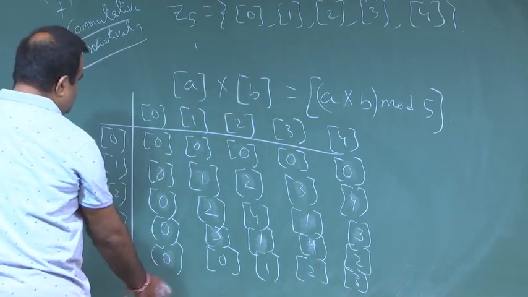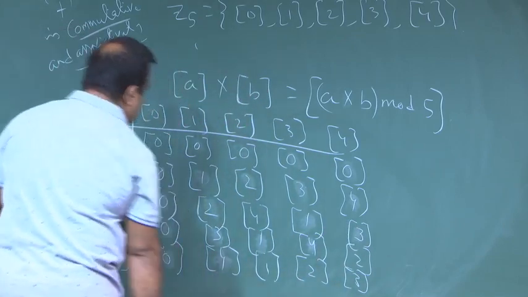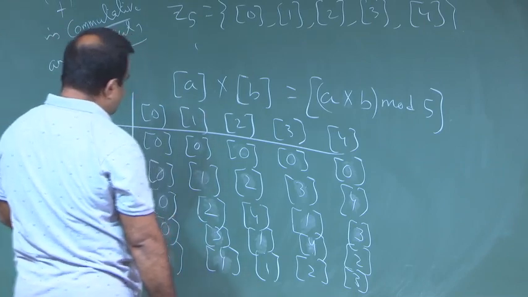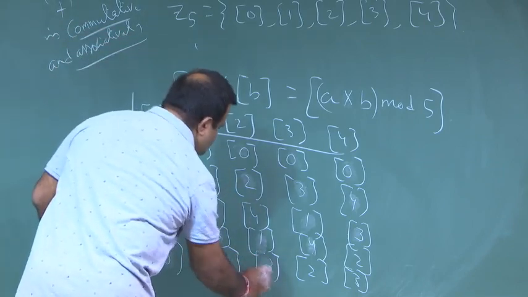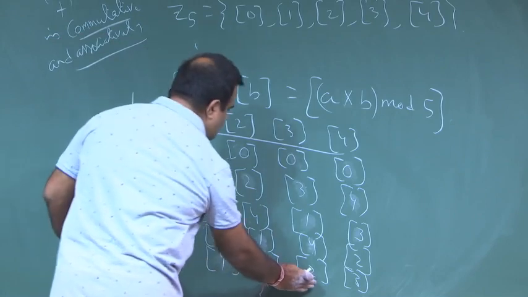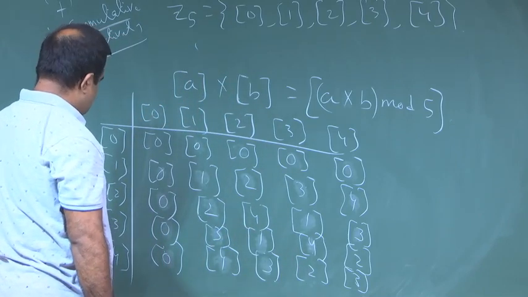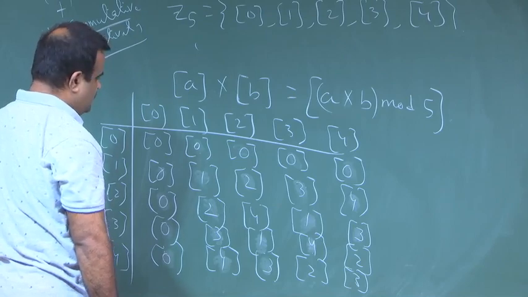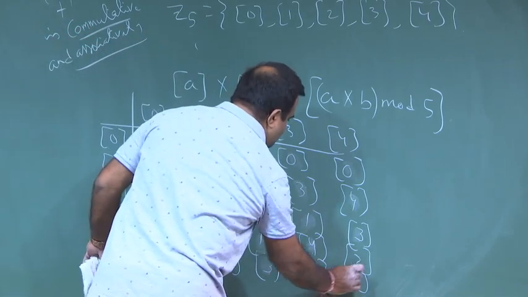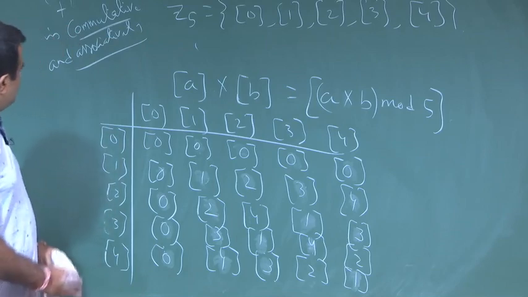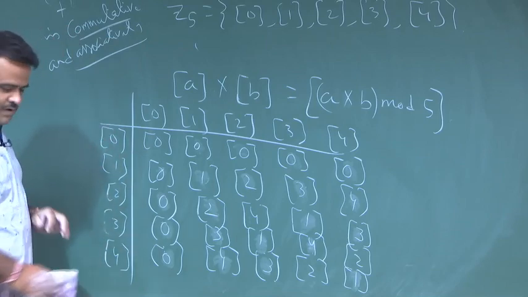Then with 4, this is 0, this is 4, and this one is 8, 8 mod 5 is 3, and this is 12, 12 mod 5 is 2, and this is again 16 mod 5 is 1. Okay. So, this is the way we define this.